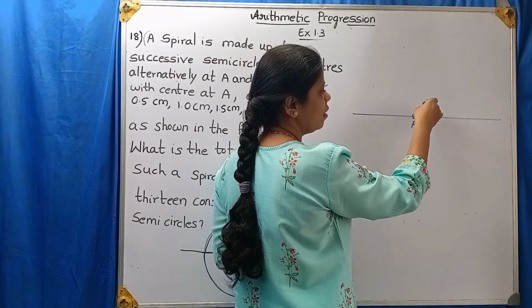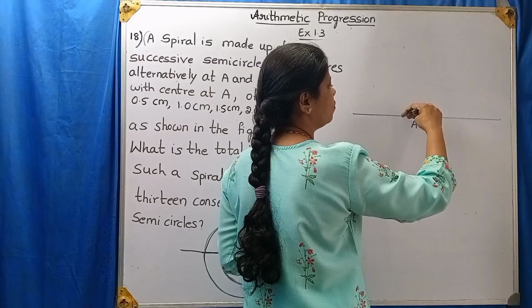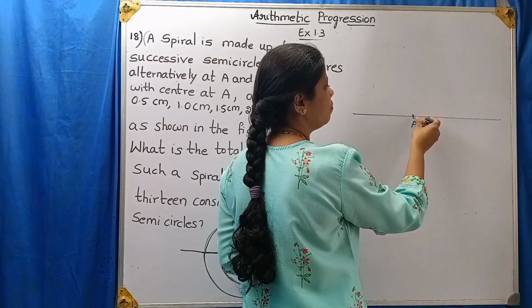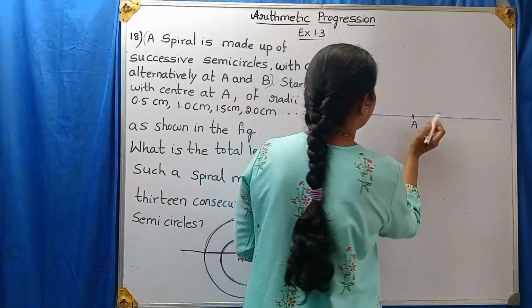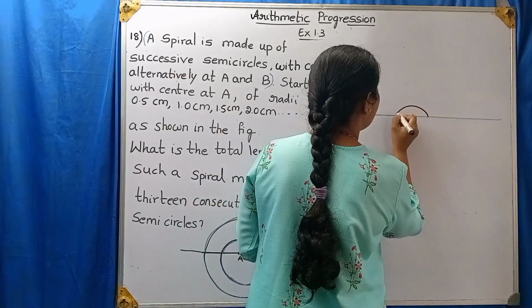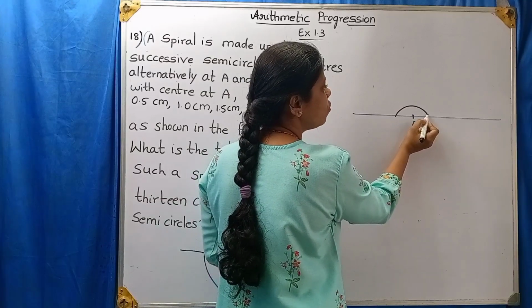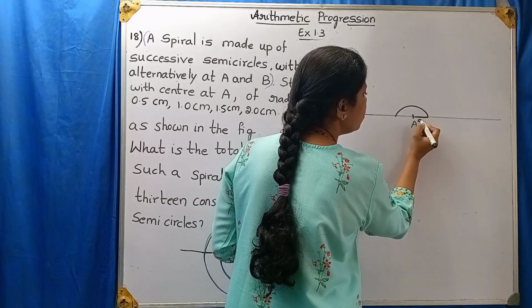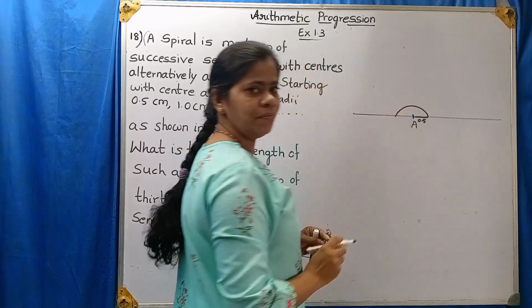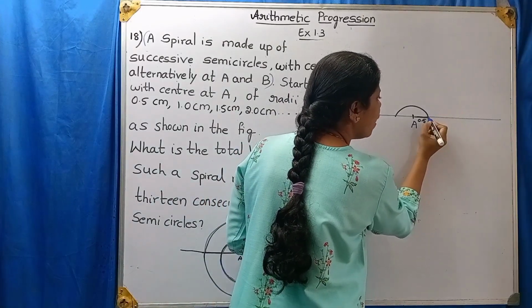Then let me draw a semicircle like this. Keeping A as center, I will draw a semicircle and the radius is 0.5. Now, let me name this point as B.